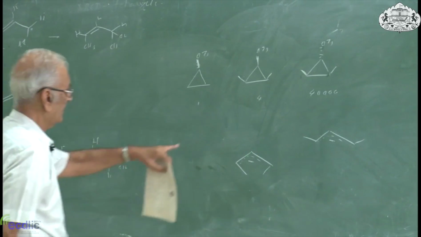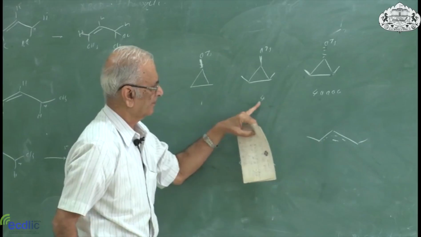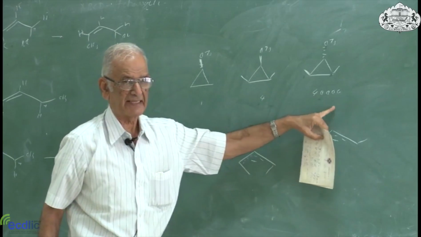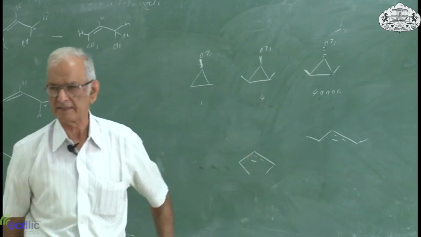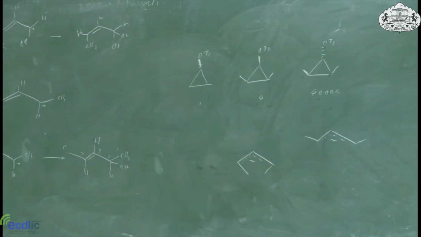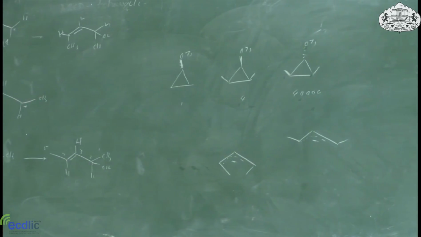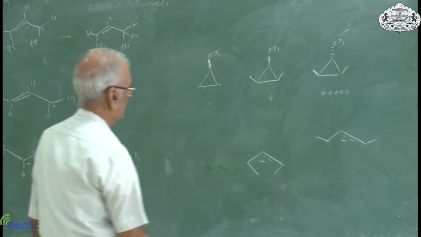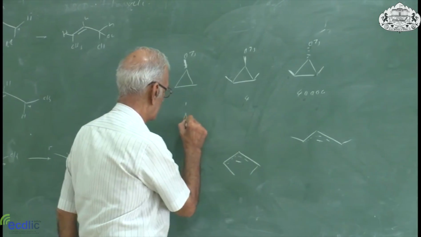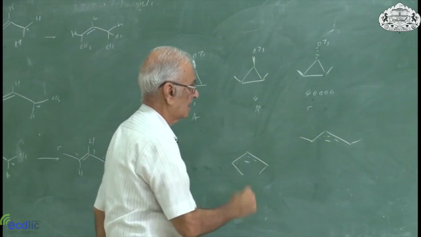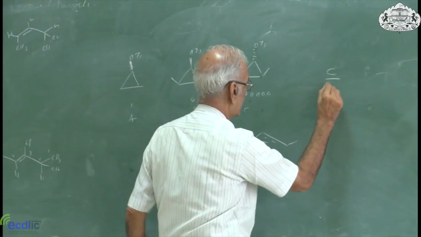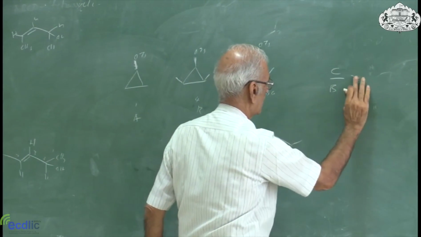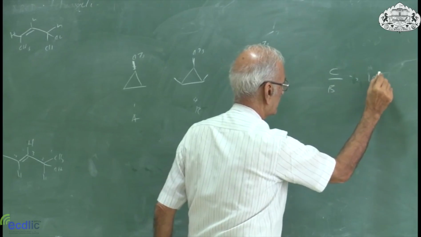And what do we see? This reacts 10,000 times faster than this. So, that is very easy to understand. C reacts faster than B by 10,000 times.